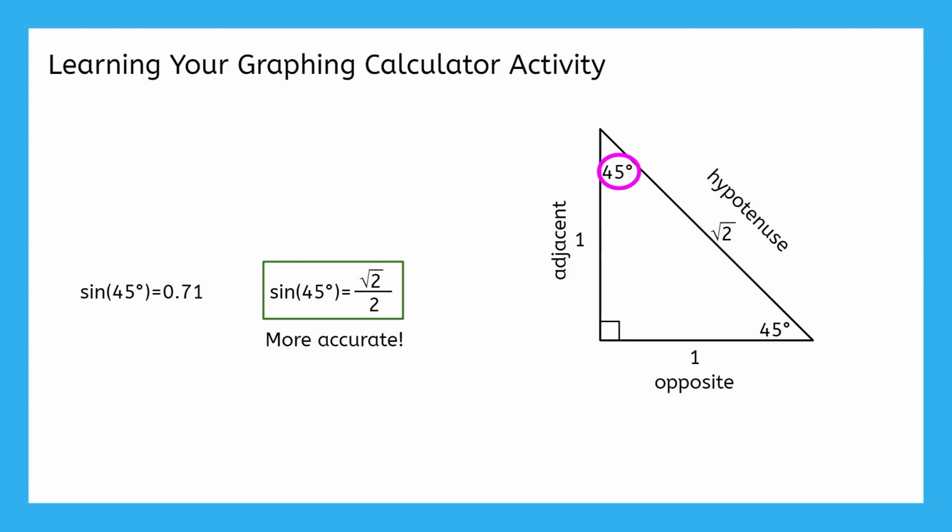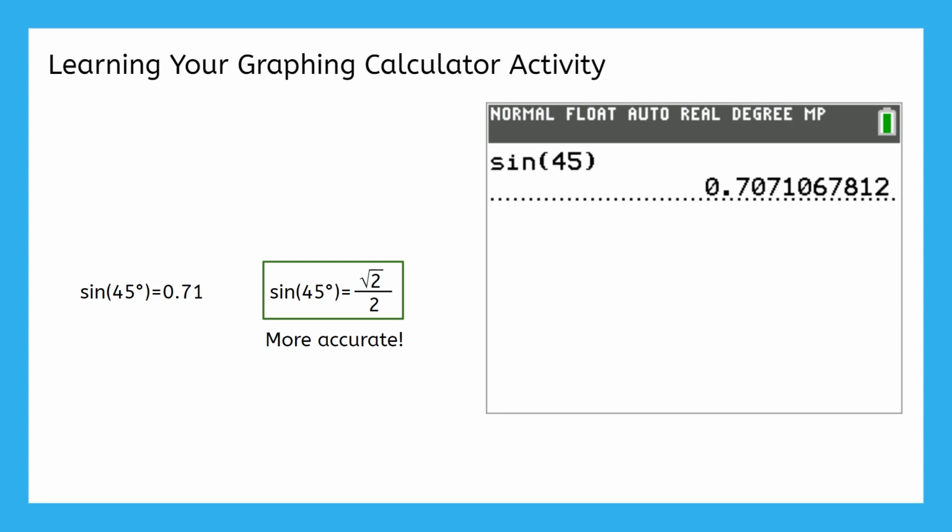I want to point something out here. The exact value of the sine of 45 degrees is irrational, which means that its decimal form actually goes on forever and ever, and well, you get the idea. My calculator shows me 10 decimal places when I put in the sine of 45. Your calculator might show you more decimal places or less depending on your calculator's settings and computing capability, but that will be rounded too.